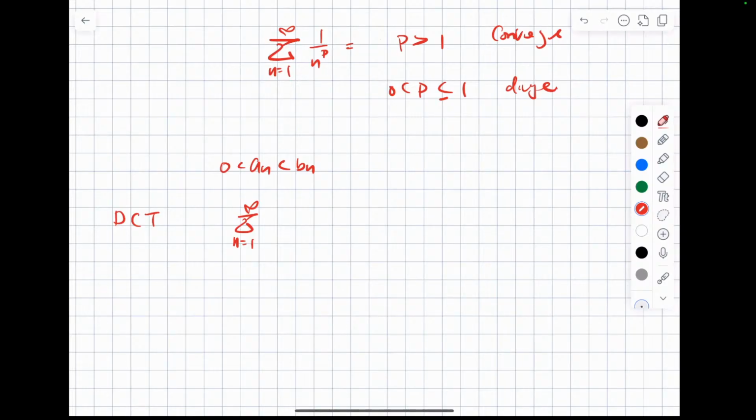It's kind of like the squeeze theorem, right? If the summation of b_n converges, then what is the summation of a_n? If a_n is less than b_n and b_n converges, that means what?